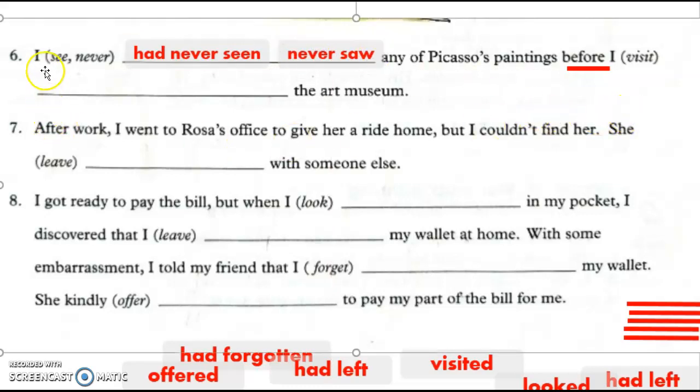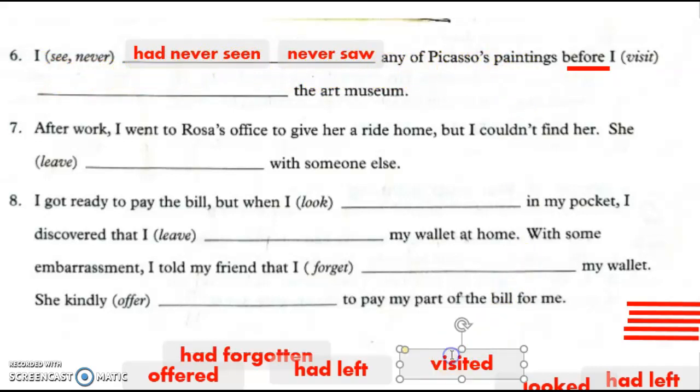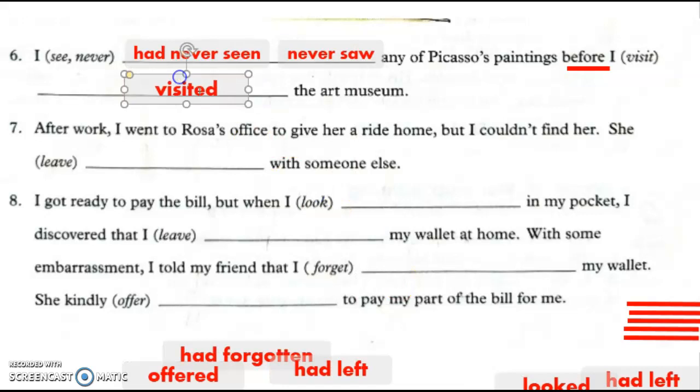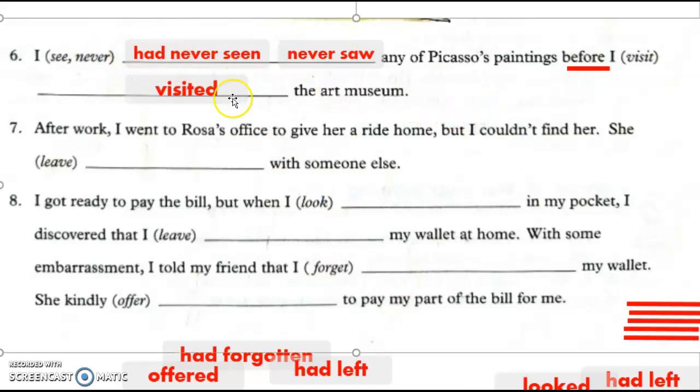So you can either say, I had never seen any of Picasso's paintings before I visited the art museum, or I never saw any of Picasso's paintings before I visited the art museum.